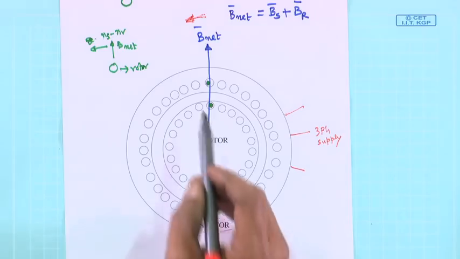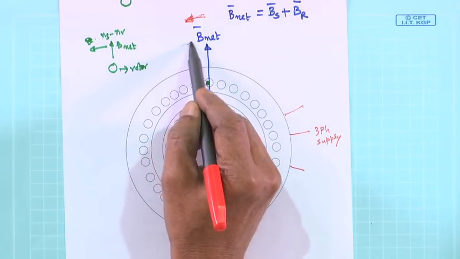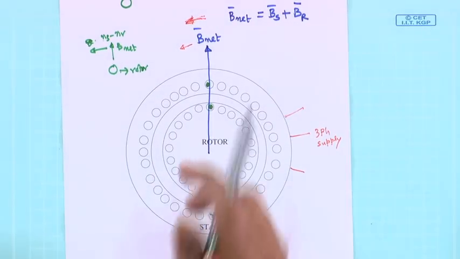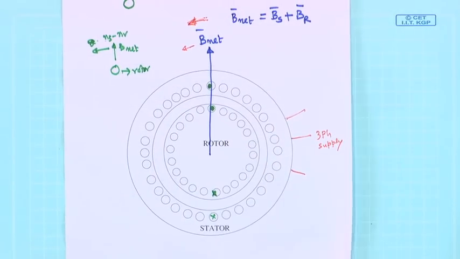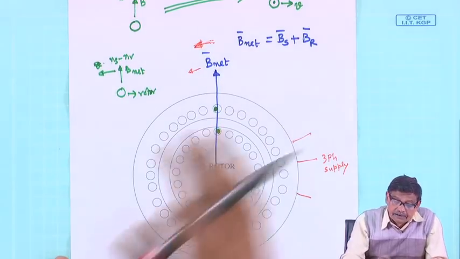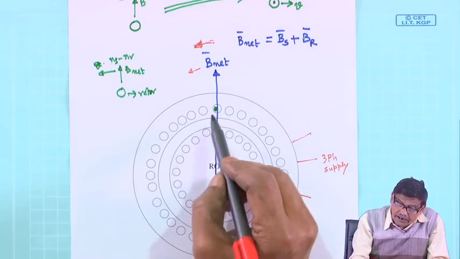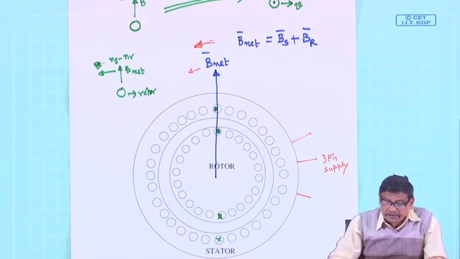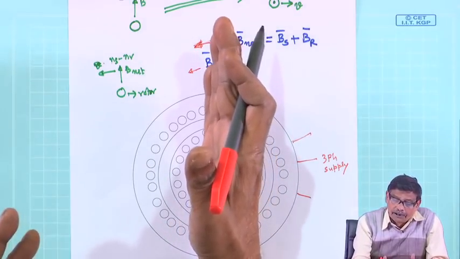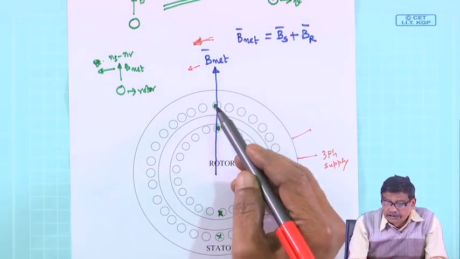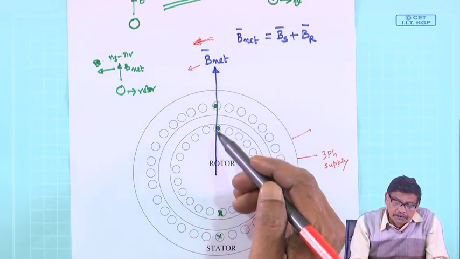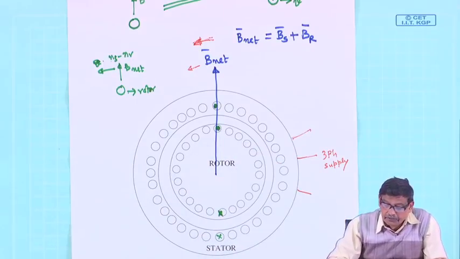So, let us assume it is moving in this direction. B net will be the net field, which is the sum of Bs plus Br, and these dots indicate that at that instant when B net occupies this position, the conductors seeing this B net will have maximum induced voltage, because BLV is the voltage.